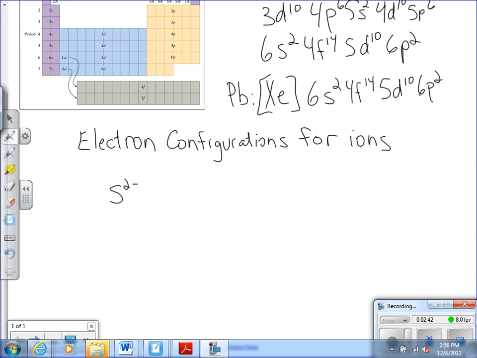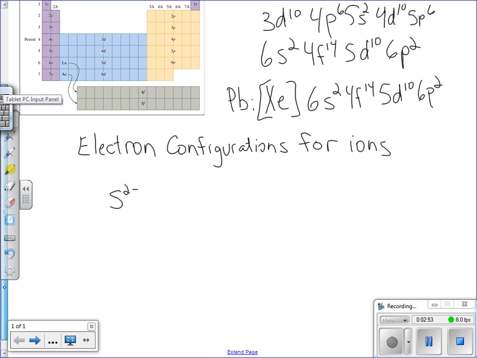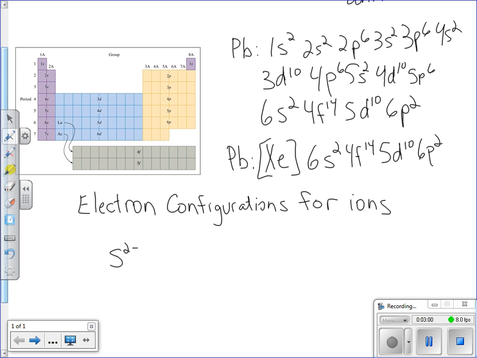Now let's talk about electron configurations for ions. So if we were to do the electron configuration for S2-, first you want to figure out where S is on this periodic table. So sulfur is right here. And S2- means we have extra or too few electrons. You want to think about that for a moment. Pause if you need to. And S2- means we have 2 extra electrons.